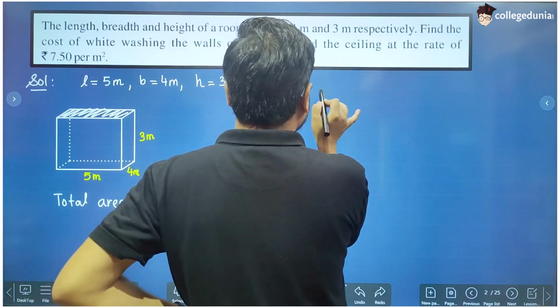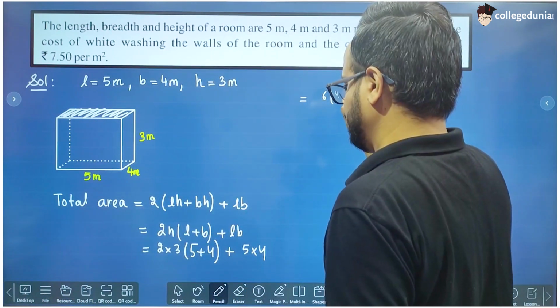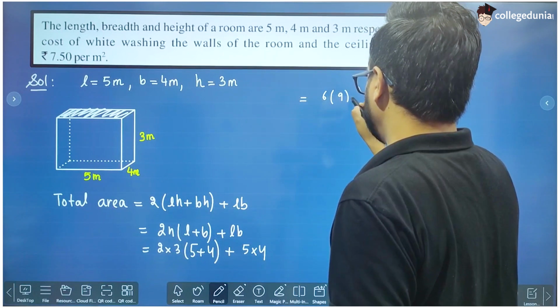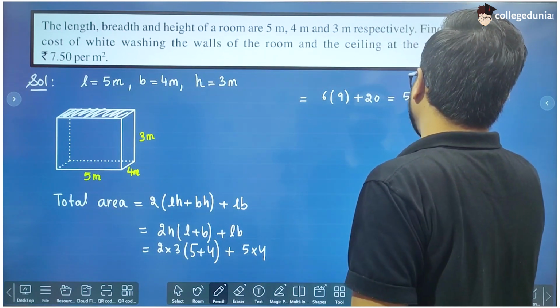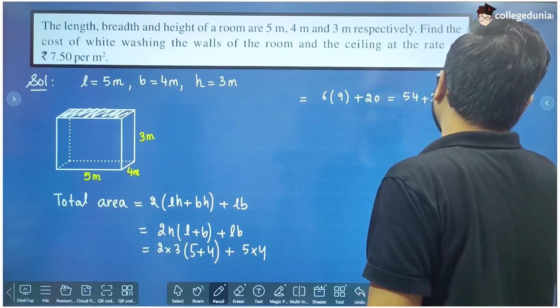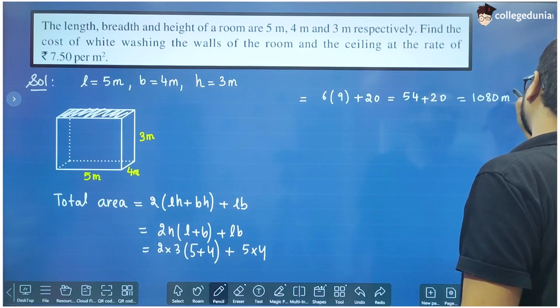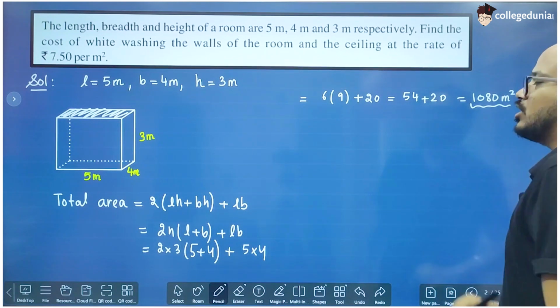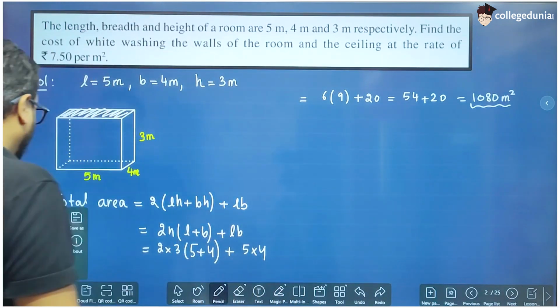So 2 into 3 is 6, and 9 plus 20, 54 plus 20, that is 74 meter square. So the total area is 74 meter square, and now we have to find the cost.